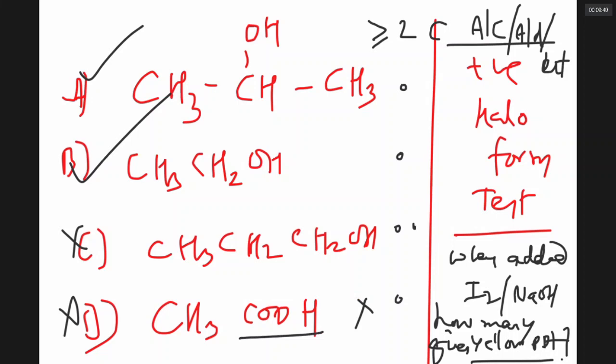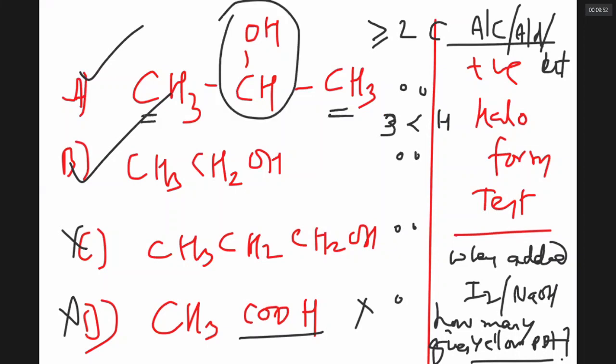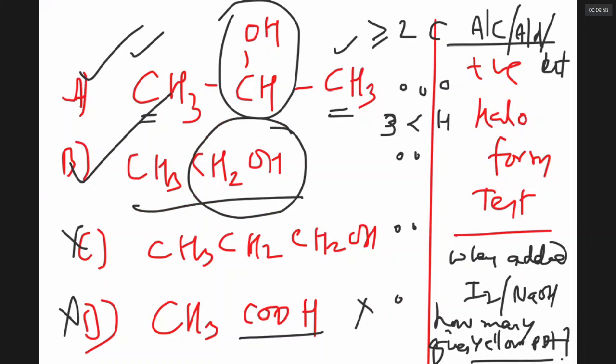So these are satisfying. Next, it should have 3 alpha hydrogens. 3 alpha hydrogens means the functional group carbon's next carbon is the alpha carbon. It has 3 alpha hydrogens on both sides. It is very good. It has a functional group carbon, 3 alpha hydrogens, very good. This is the functional group carbon. The next carbon has only 2 alpha hydrogens. So the answer is A. Are we very clear, sir?